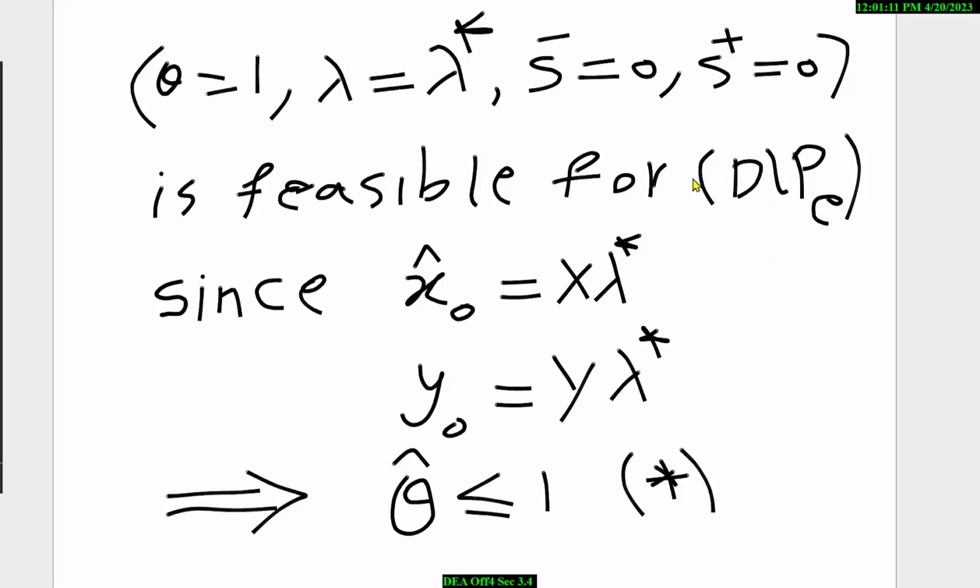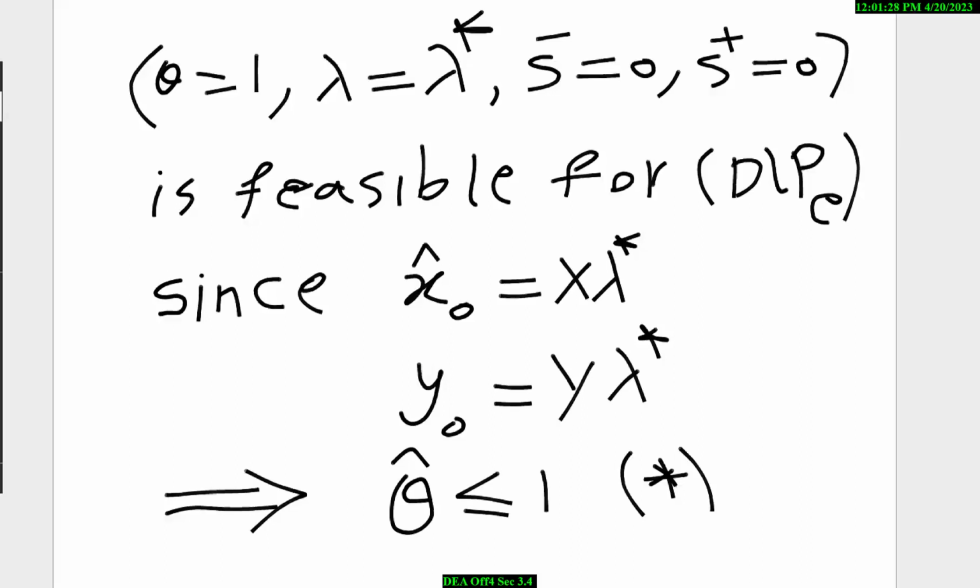It is feasible since by the definition we have x hat o is X lambda star, and y hat o is equal to Y lambda star. This is from the definition we had before.